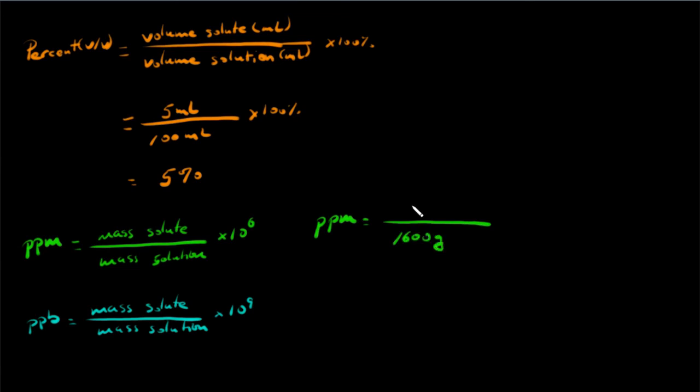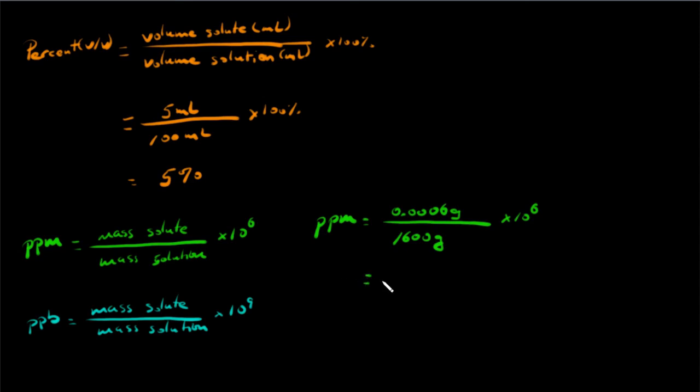We do some testing on it, and we find out that it has 0.6 milligrams, or 0.0006 grams, of mercury in it. The bottom number is the mass of the fish. The top number is the mass of mercury that we found to be in the fish. And we'd multiply this by 10 to the 6.